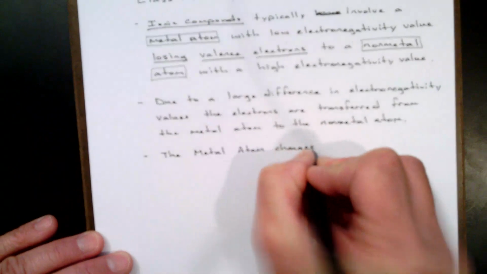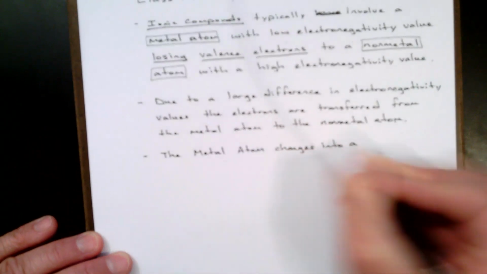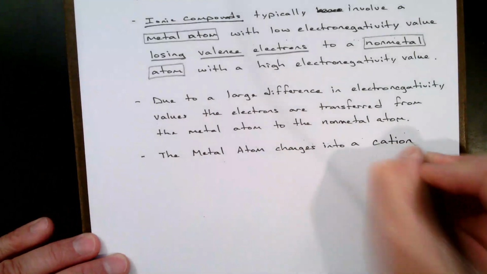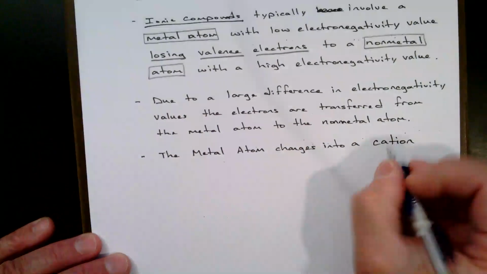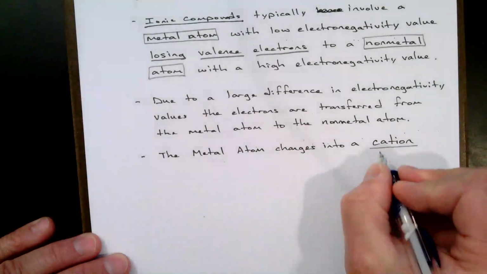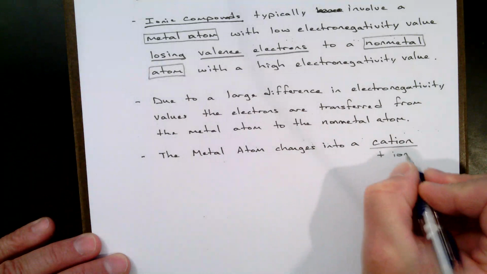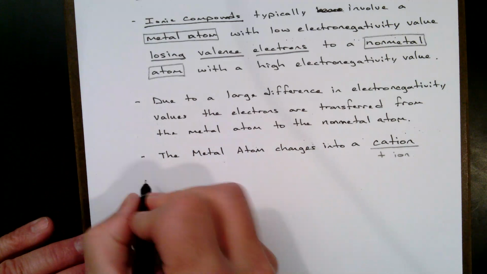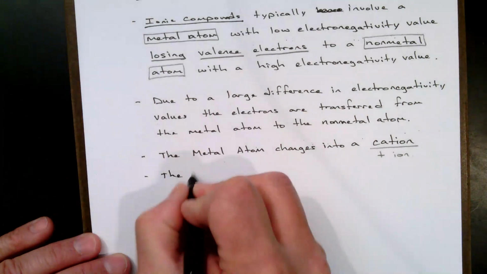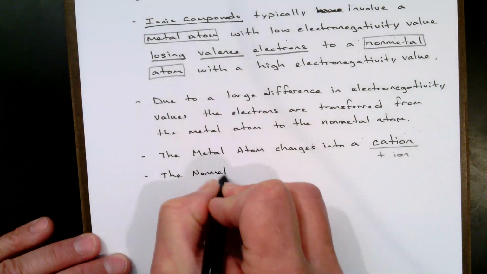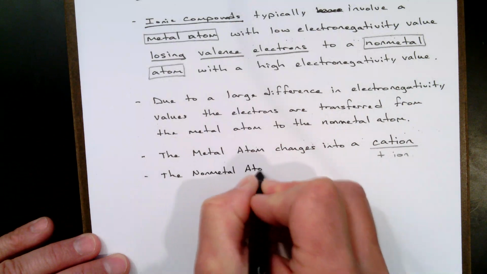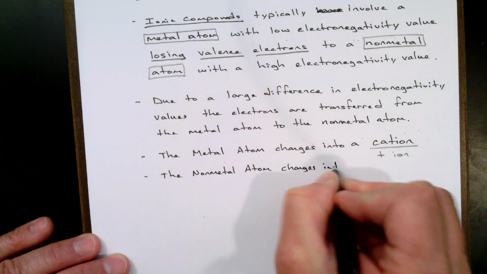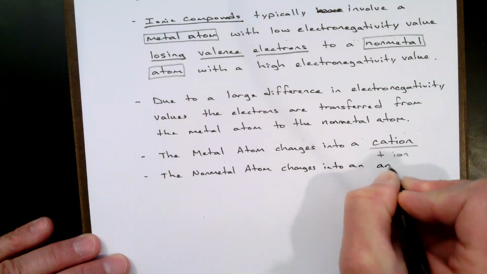The metal atom changes into a cation. And remember that a cation is a positive ion. You're losing negative electrons, so you're turning into a positive ion. And the non-metal atom changes into an anion.